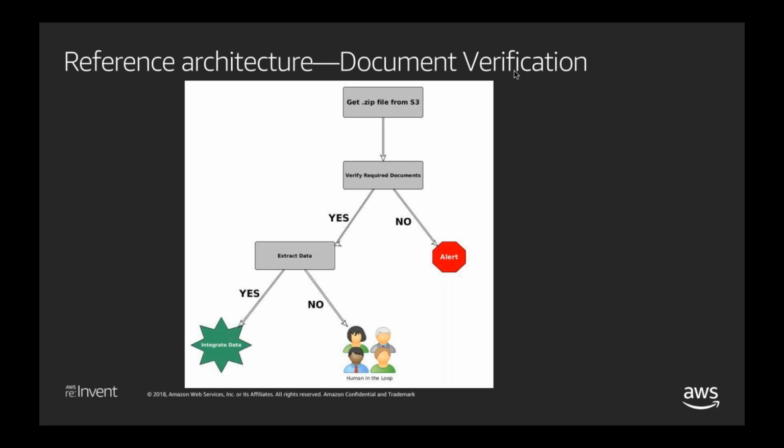So I've taken these 3 images, I've put them in a zip file, we drop them off on S3, and then what we're going to do is we're going to do 2 things primarily. First, we're going to verify that the required documents are indeed in that zip file, and we're going to do that blind. So I don't know if the first document is the permit, if it's a license, if it's the second form of ID, or if it's something that doesn't even belong in there.